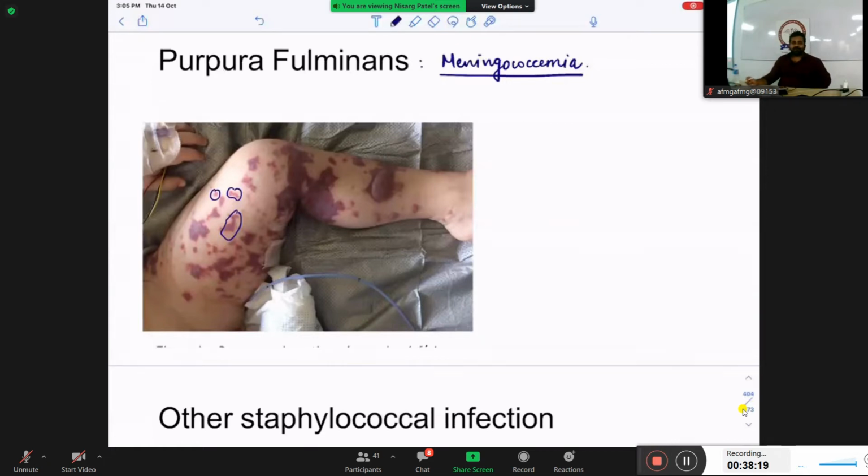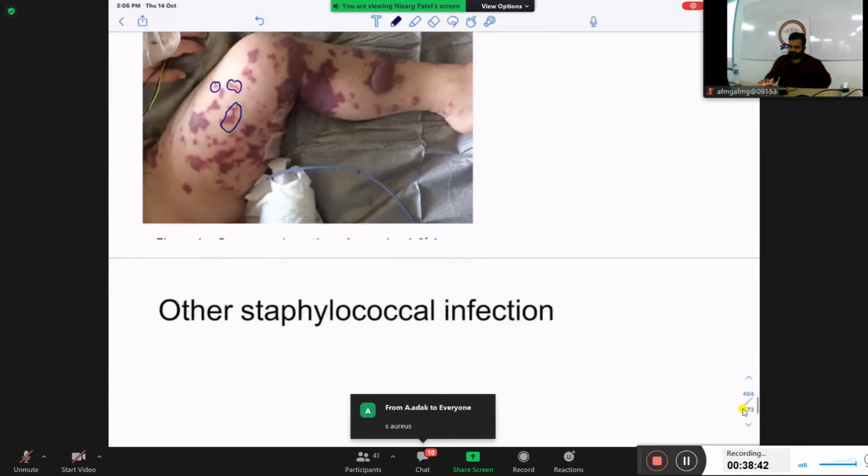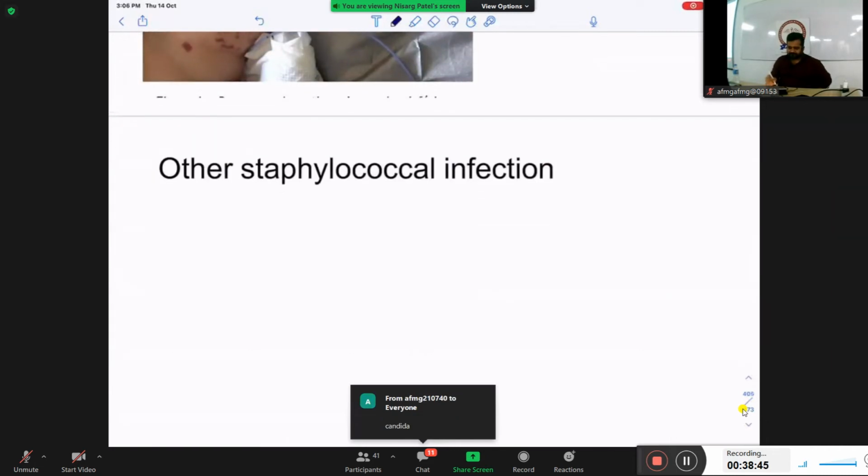What was the cause of acute paronychia? There are two kinds of paronychia, acute and chronic. Acute is caused by Staphylococcus aureus. If I ask you about chronic paronychia, it is Candida. This is just a revision because we already discussed Staphylococcus in detail. The causative agent of botryomycosis was Staphylococcus aureus.